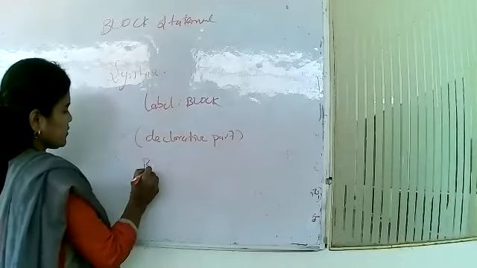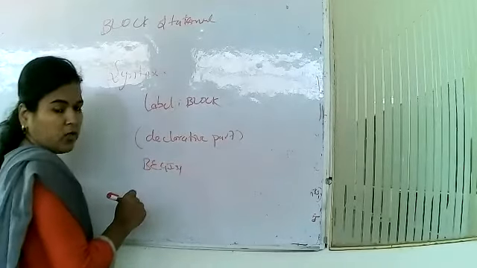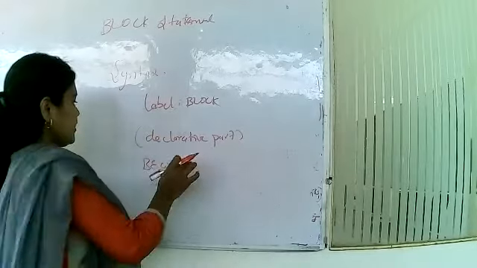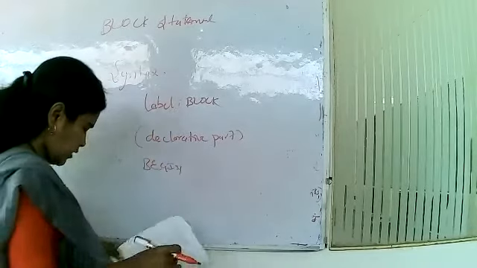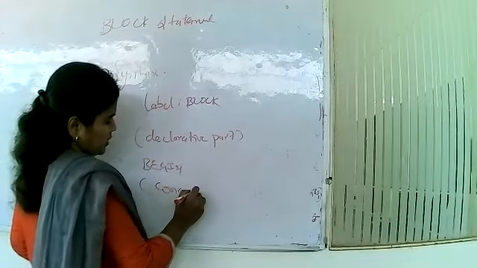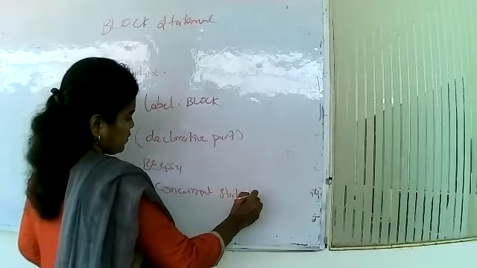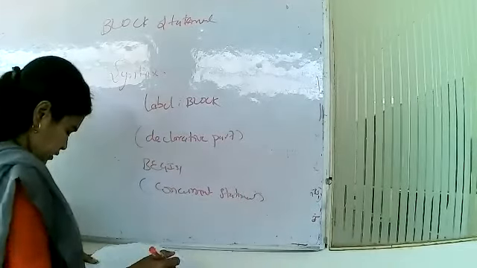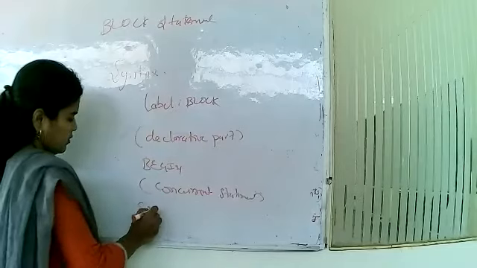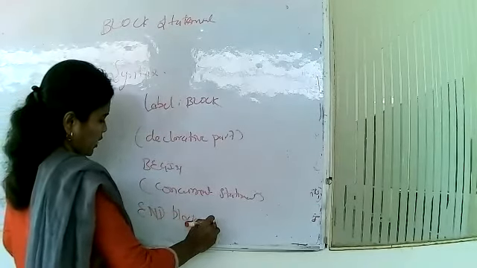Even if you are declaring anything, a constant or whatever, it will be declared in the declarative part. Next we start with begin. Concurrent statement. You know it is concurrent only for the data flow model. Concurrent statement. End of the block model.